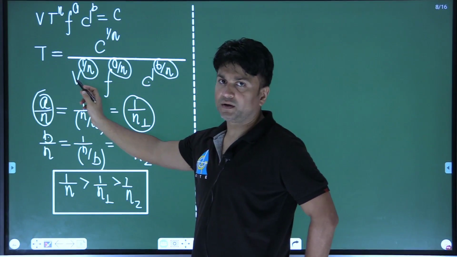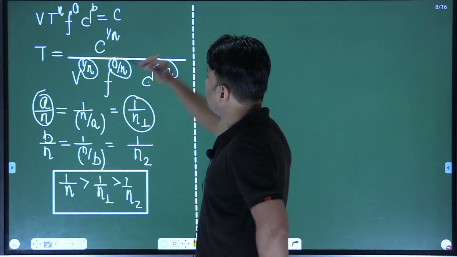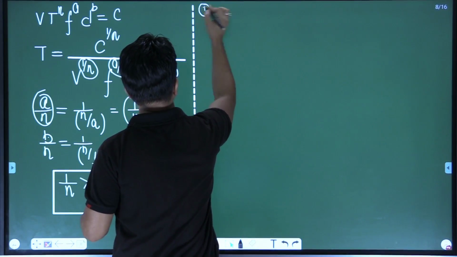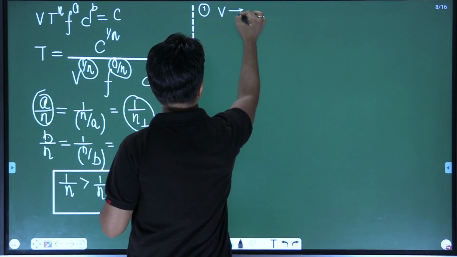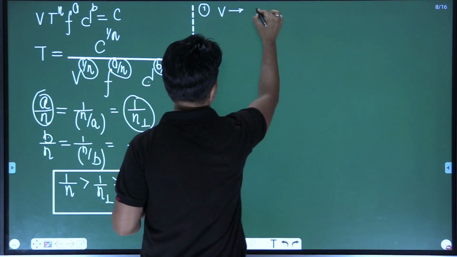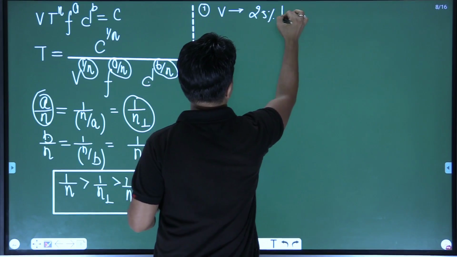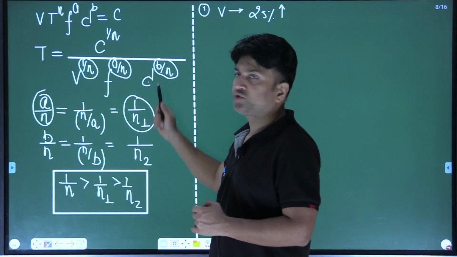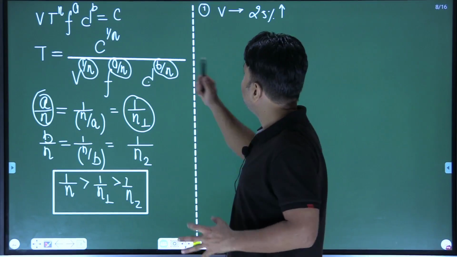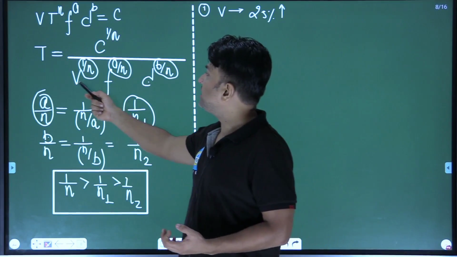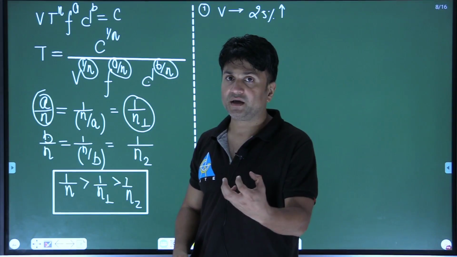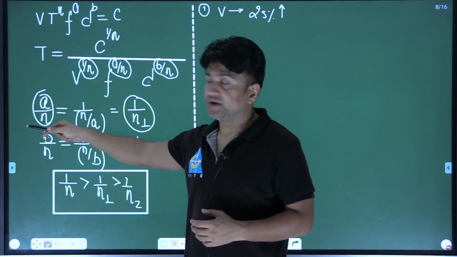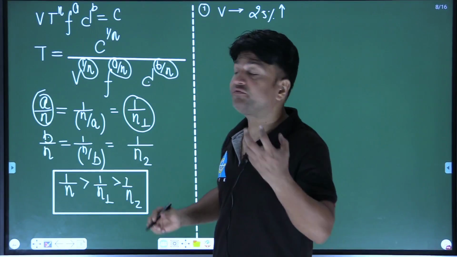Suppose I take the first case: if I am increasing V by 25% and keeping feed and depth of cut constant, then the power of velocity is high, so the change will be more, and it is in the denominator, so it will affect tool life more.